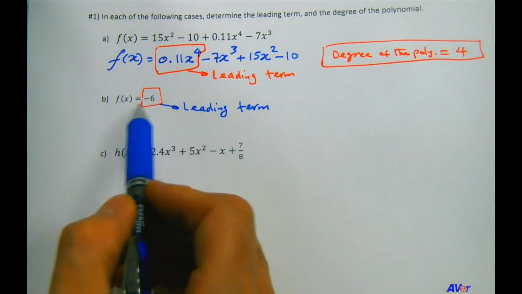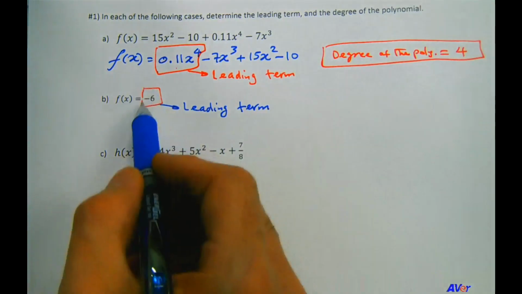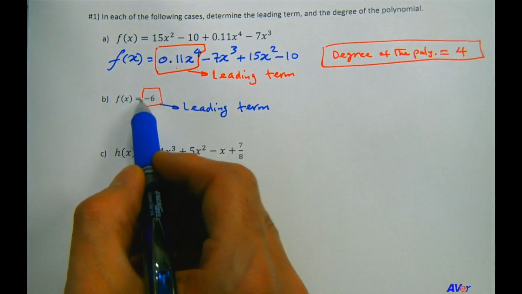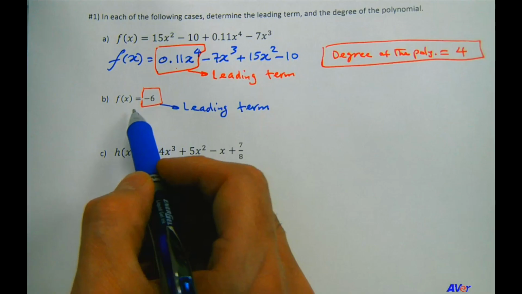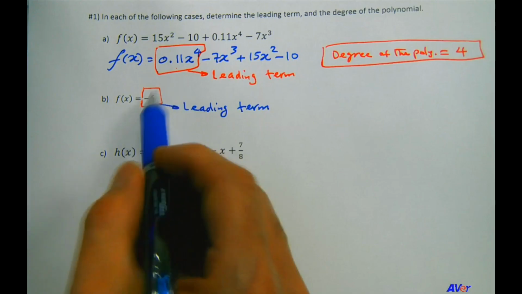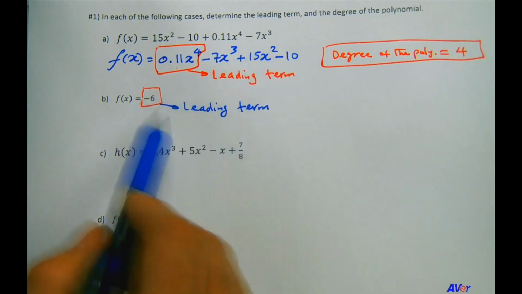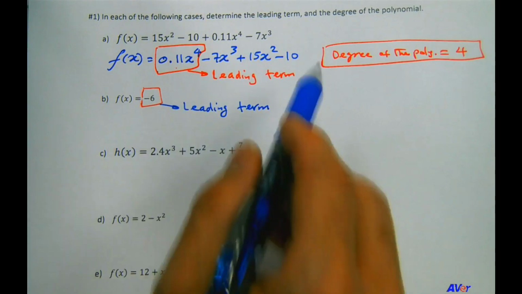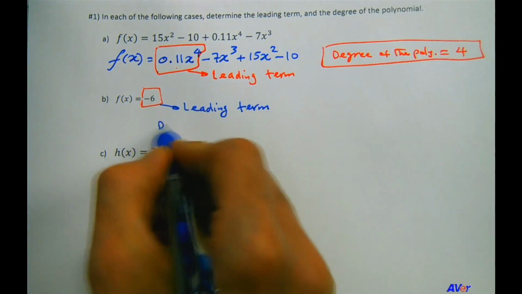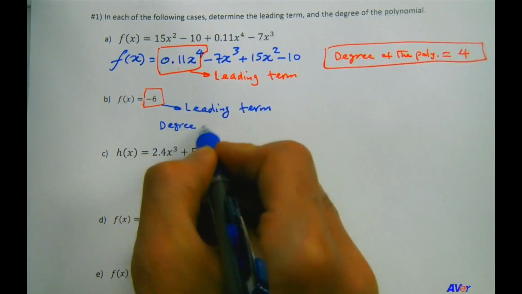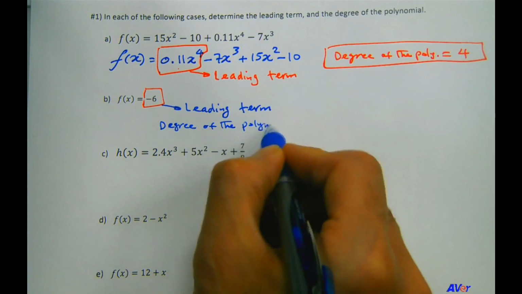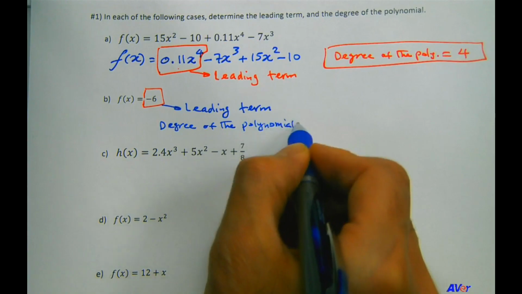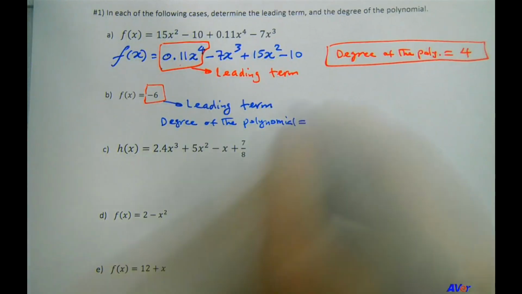And the degree of this polynomial, because there is no x term in it, must be 0. So x to the 0 power is the leading term, and the degree equals 0.